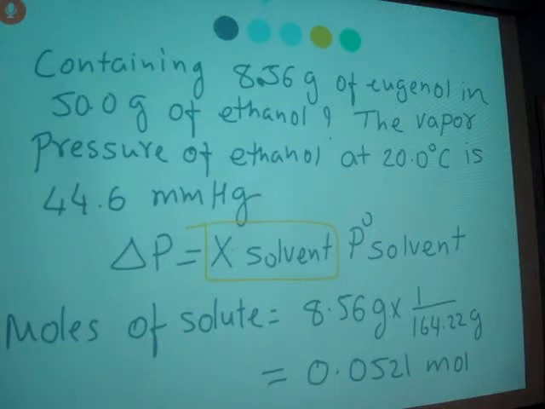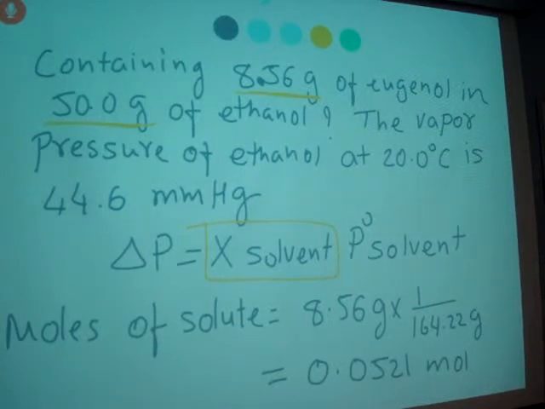Now we are going to calculate the moles of solvent. Ethanol is the solvent and eugenol is the solute.